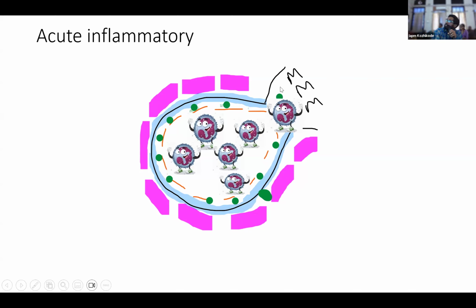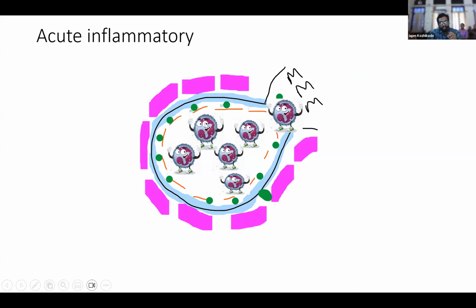And look, this mesangium also has many immune receptors, so they will start multiplying. There is an increase in the mesangial cells also. So you have an overall increase in cellularity in this compartment. That is called endocapillary hypercellularity and mesangial hypercellularity.